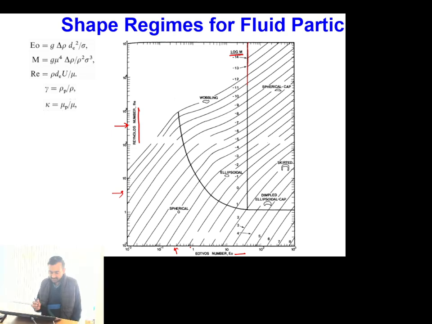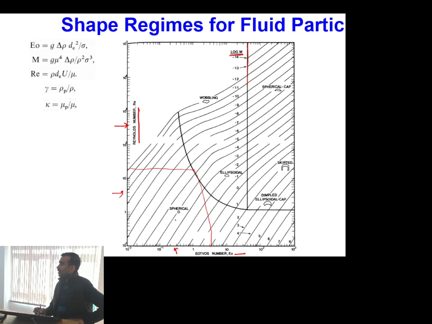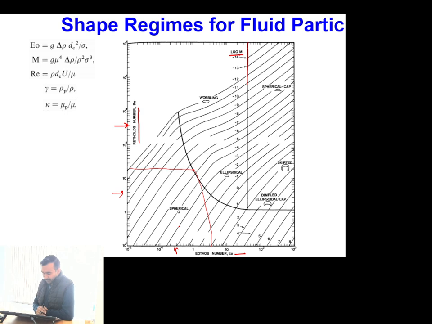Here you can see one particular region where Reynolds number and Bond number are small. When both are small, the size of the particle is so small that it remains almost spherical. Once you increase the size, you will find the occurrence of the ellipsoidal shape.